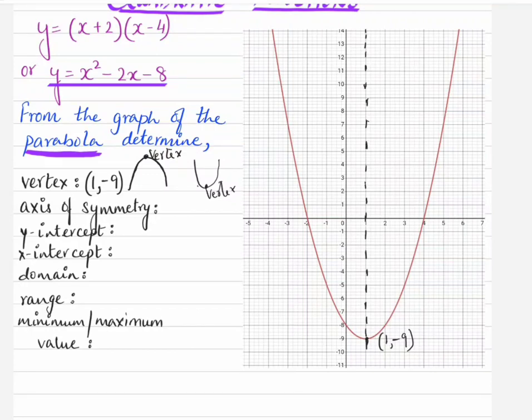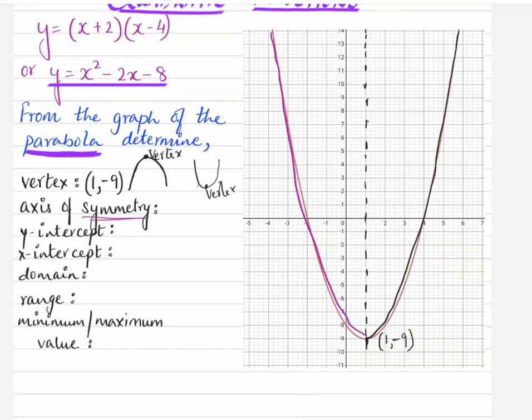So that is a line that will divide the parabola into exactly equal parts. So if we fold this curve, this side of the curve is going to overlap the other side. So when you fold it, it's going to overlap each other.